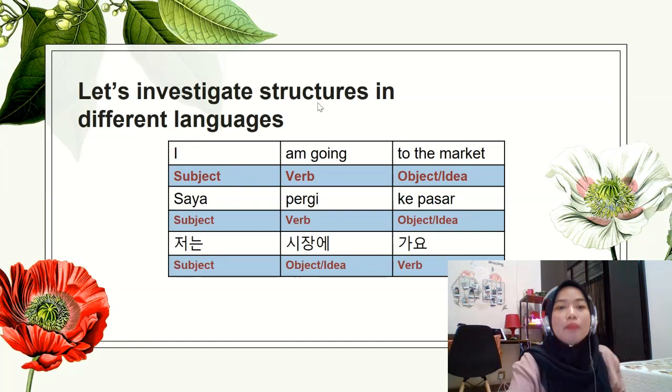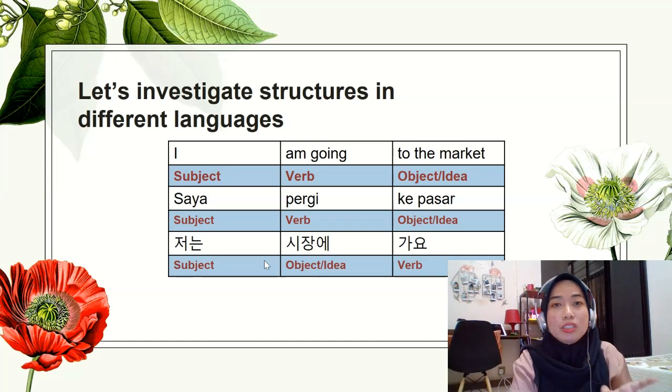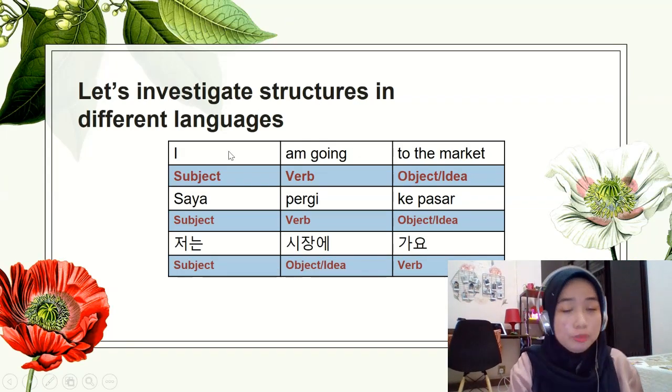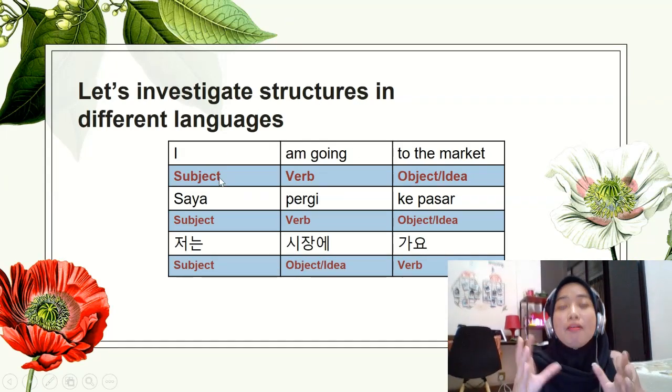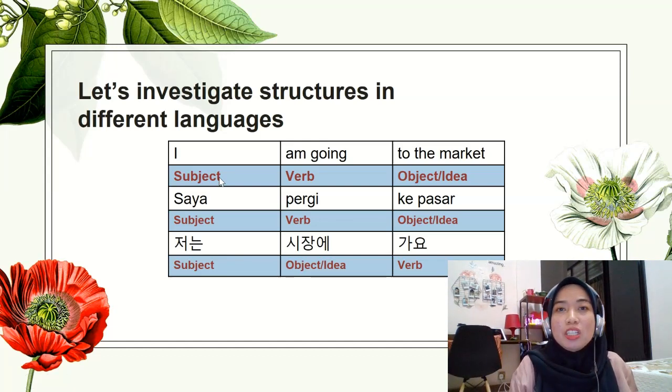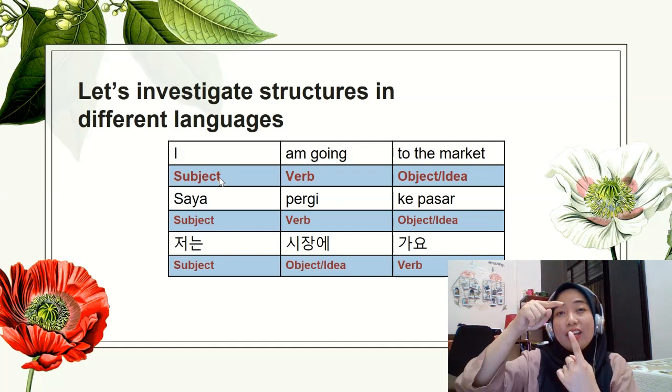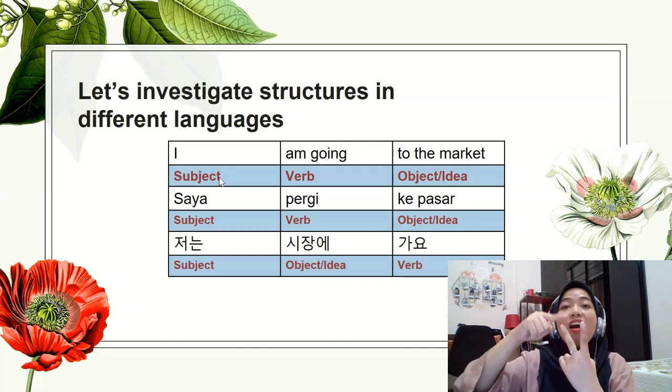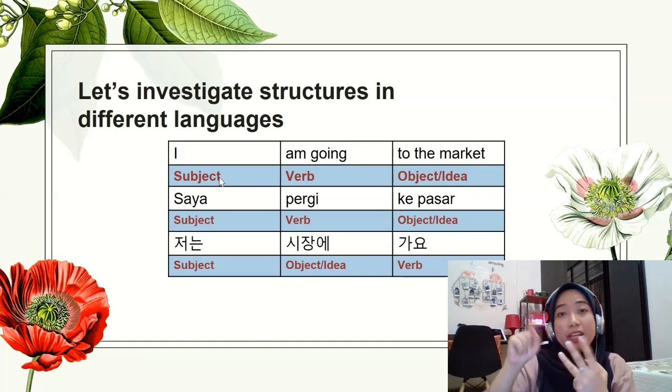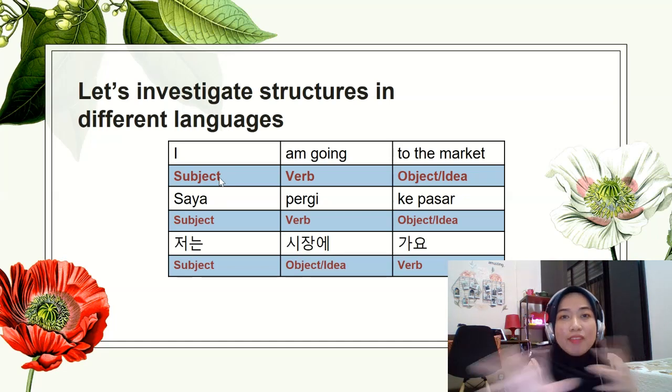Now, here I'm using three different languages that I know. So first we have English. As I mentioned, in order for you to have a grammatically correct sentence, you need a subject, a verb, and an object or an idea. Am I right? Now let's investigate and see how language operates.